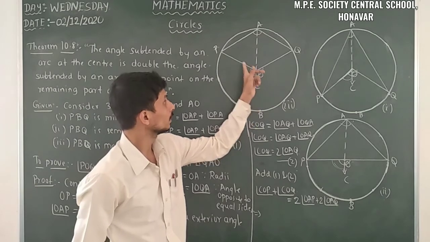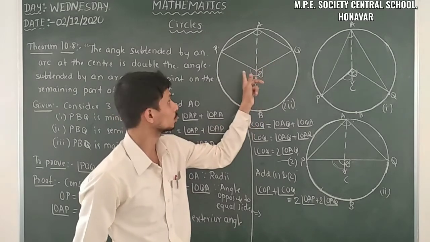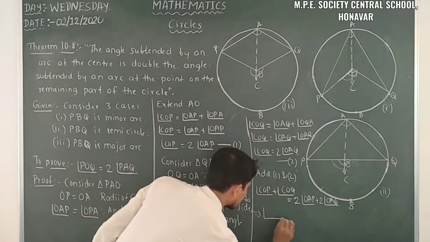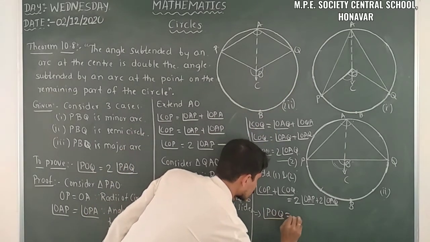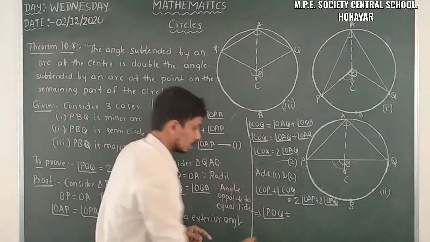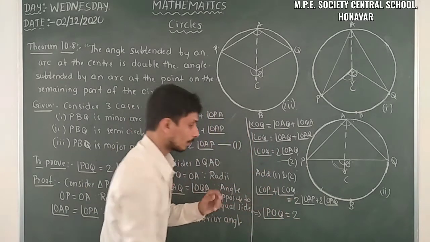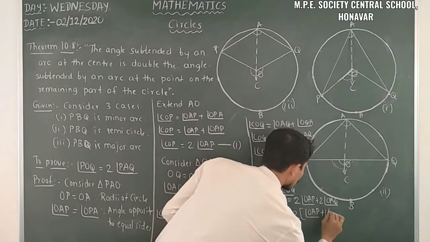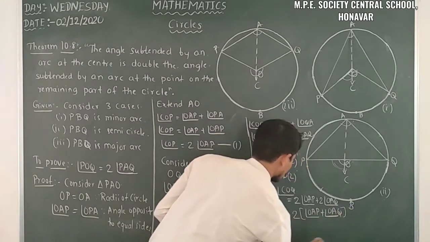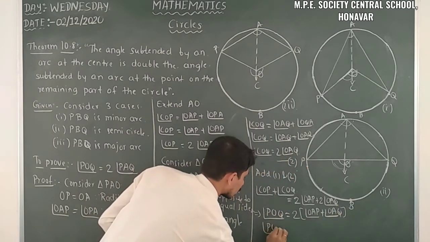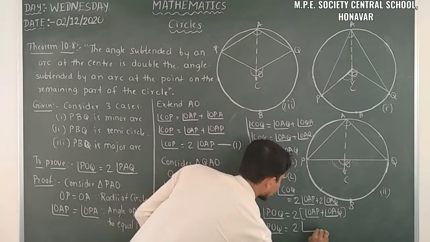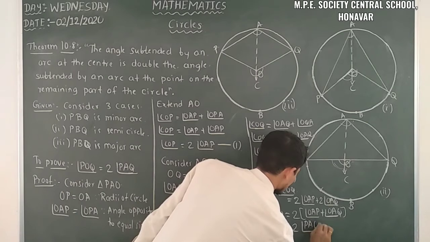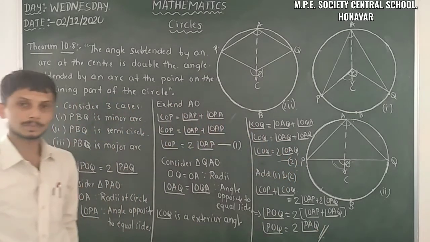So angle POQ is equal to, taking out 2 as common, 2 into angle OAP plus angle OAQ. So angle POQ is equal to 2 into angle PAQ. So here is the proof of this theorem.